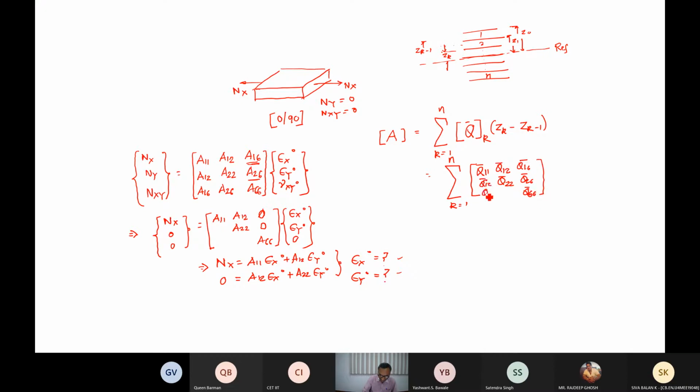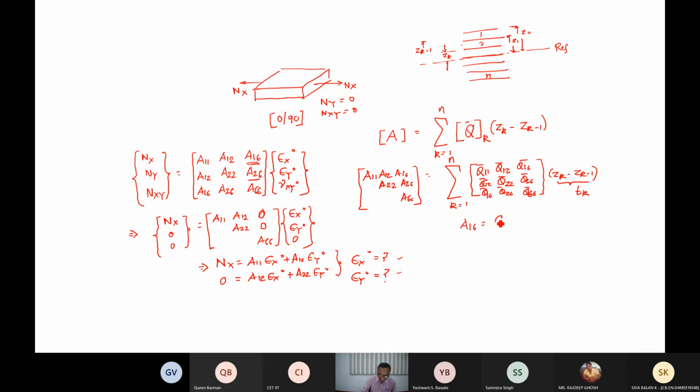Q12 bar, Q16 bar, Q26 bar, zk minus zk minus 1. This is nothing but the thickness of the kth layer. Now you see this A, this is actually A11, A12, A16, A22, A26, A66. Now tell me, what is A16?